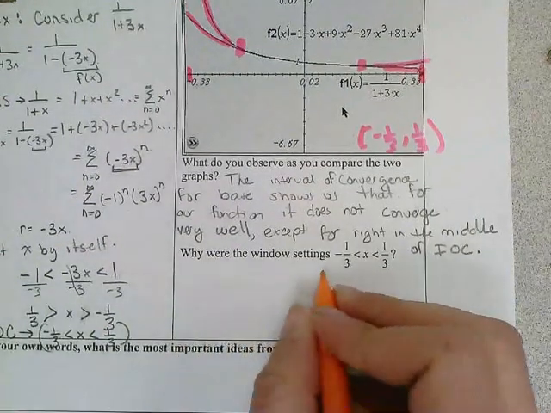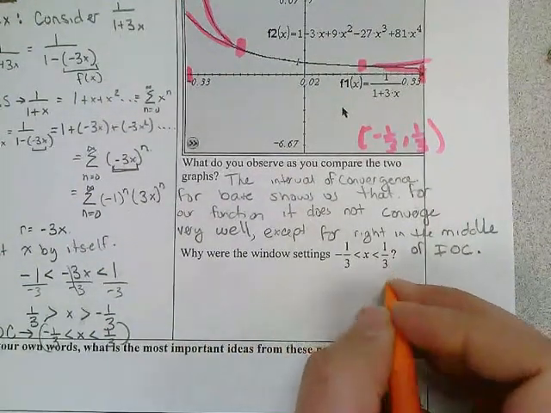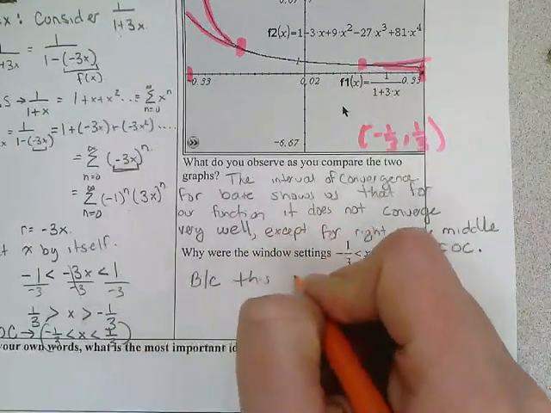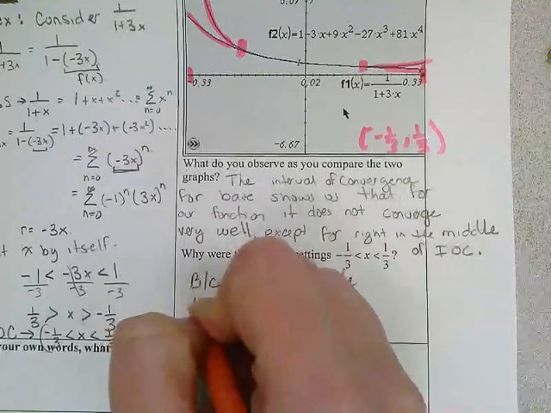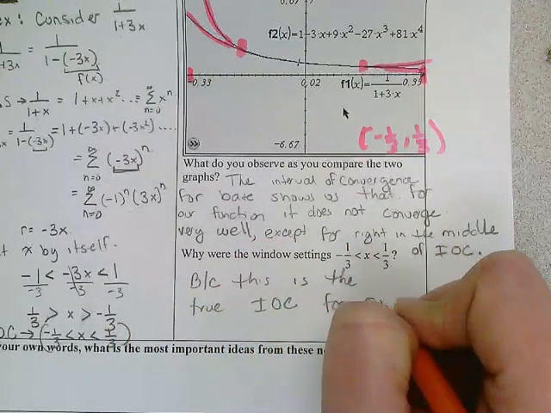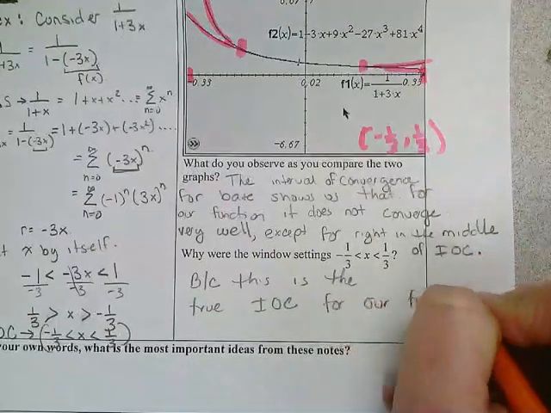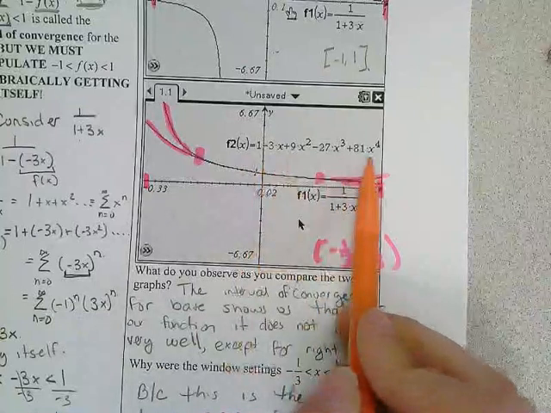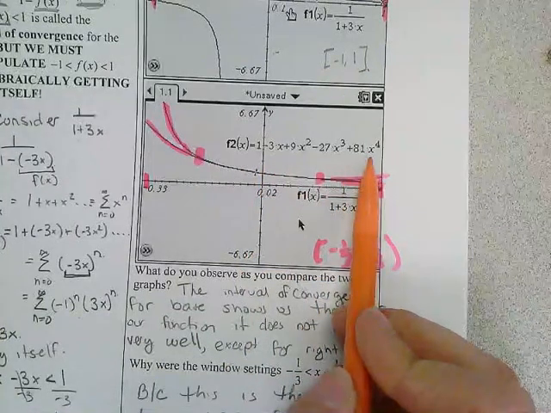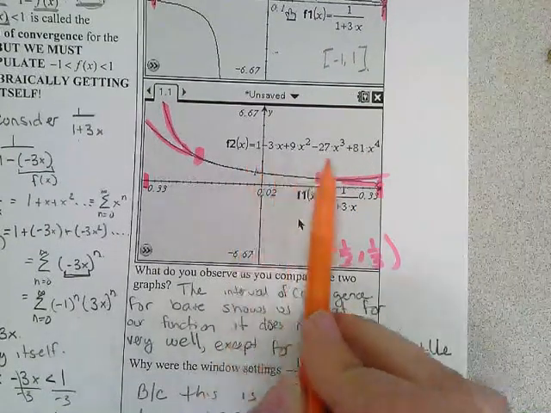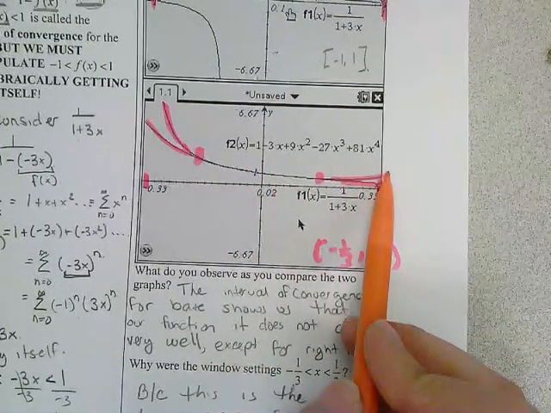All right, why were the window settings -1/3 to 1/3? That's because this is the true interval of convergence for our function. Because remember, you notice here we only graphed the first 5 numbers in the series, the first 5 parts in the series.